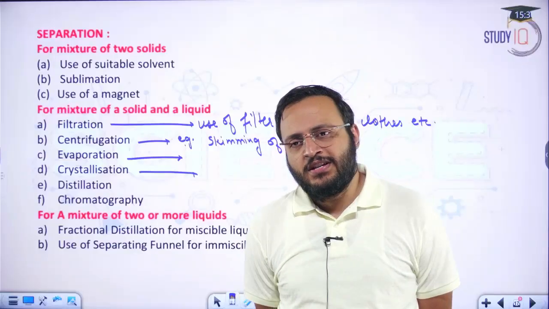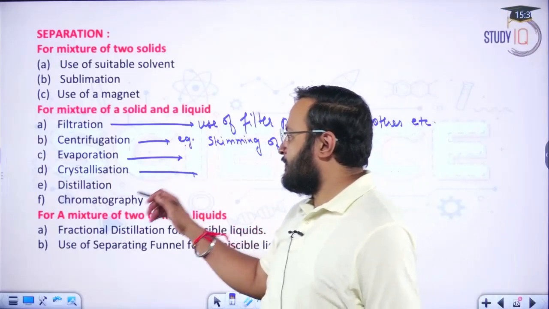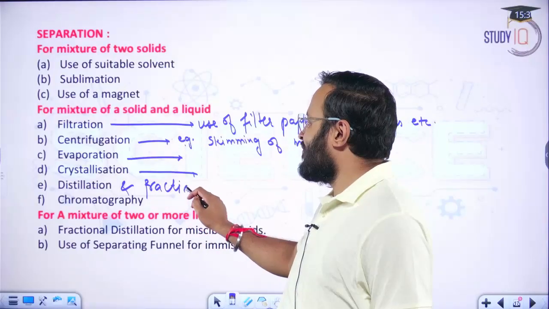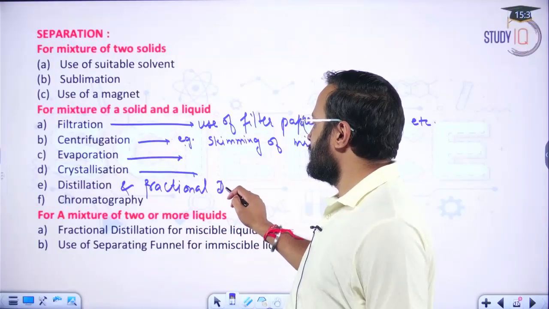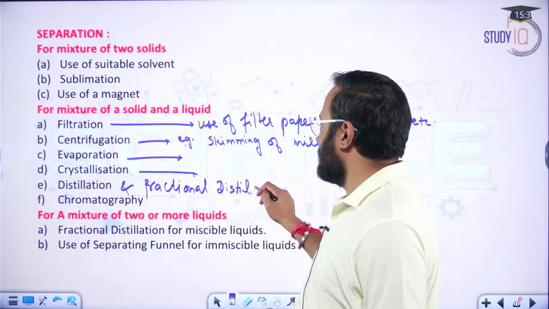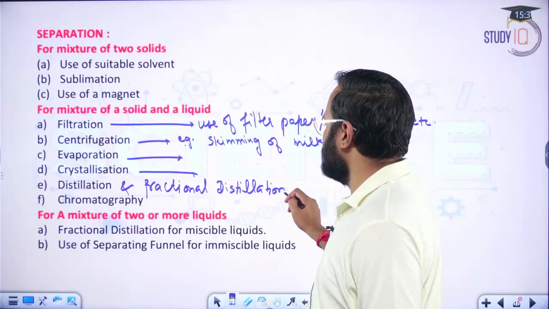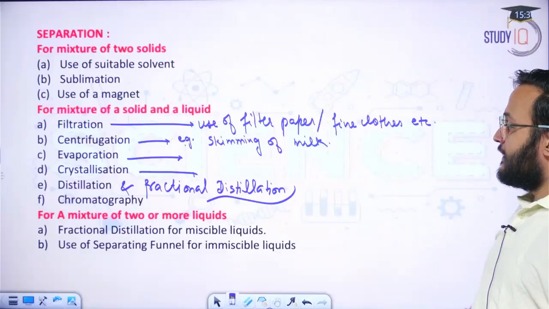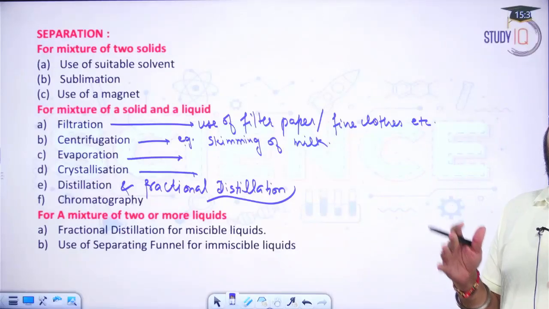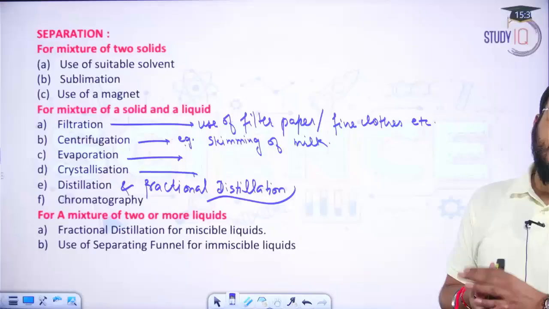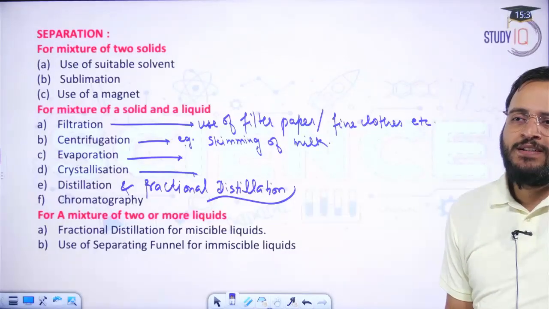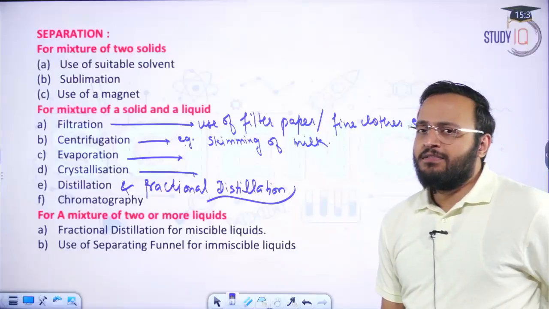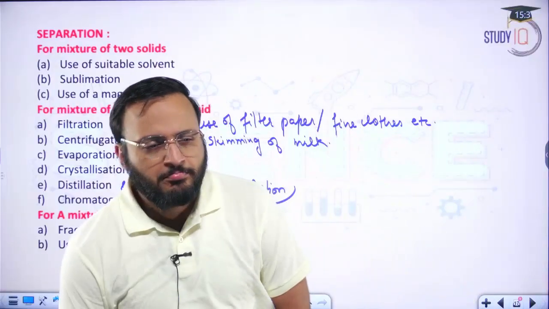Then guys, distillation also has a variant, fractional distillation. What is fractional distillation, everybody? Suppose a liquid contains different kinds of liquids or gases or solids together, and each of them has a different boiling point.